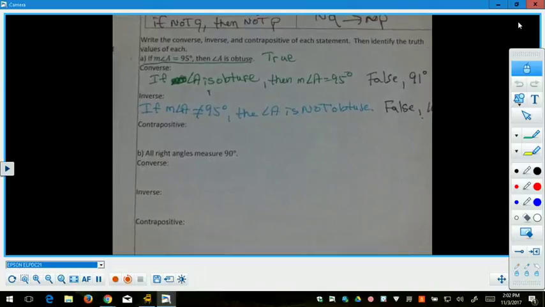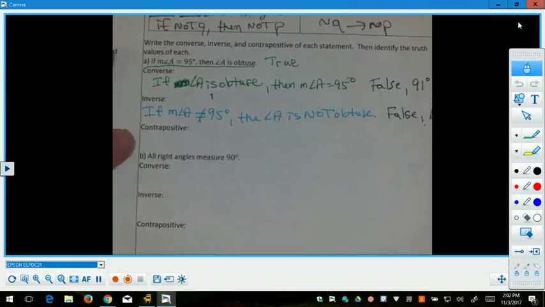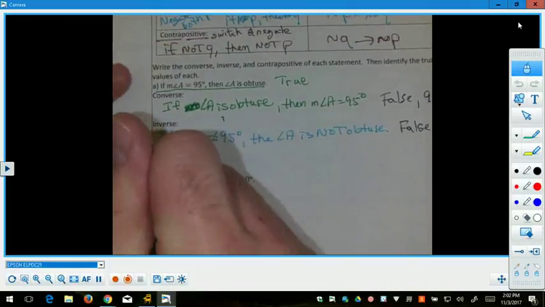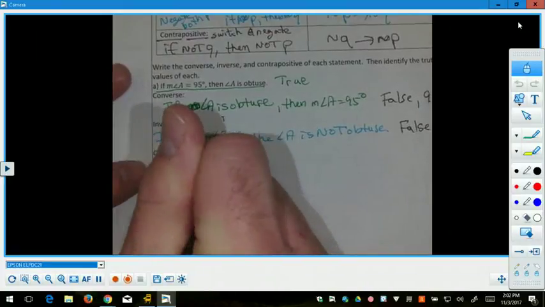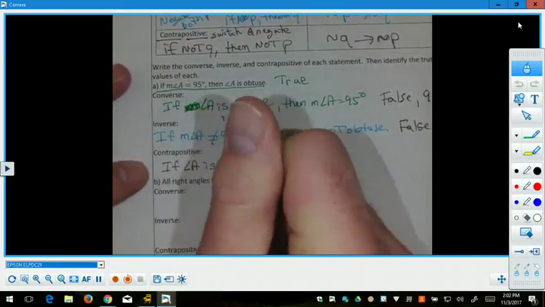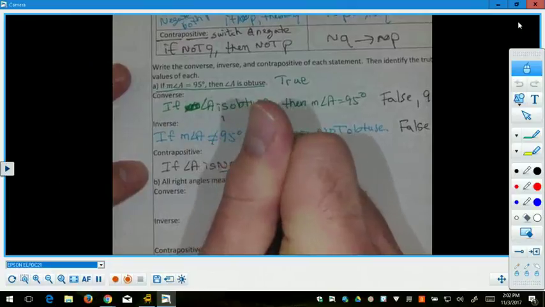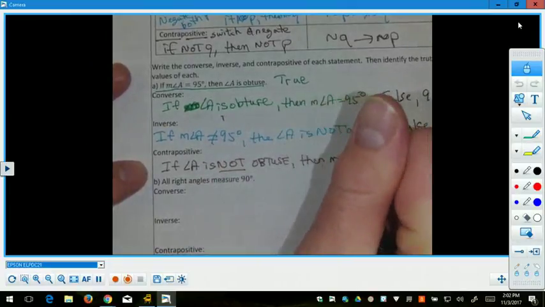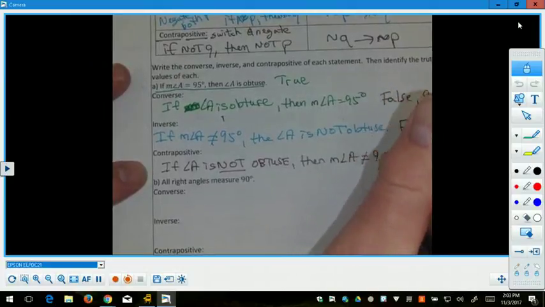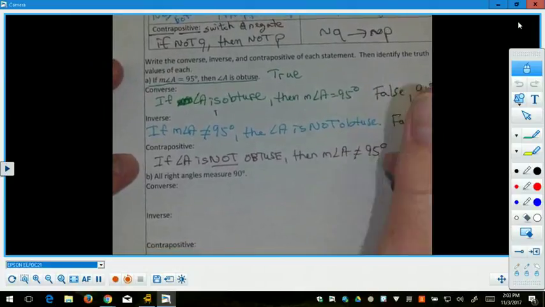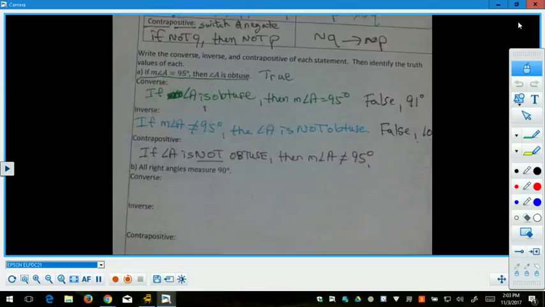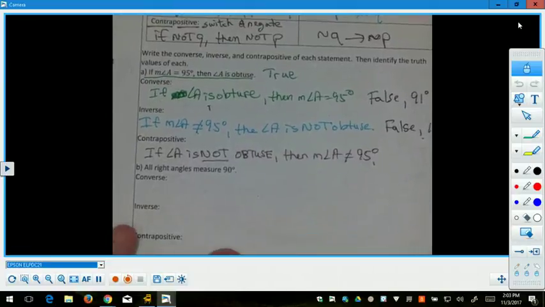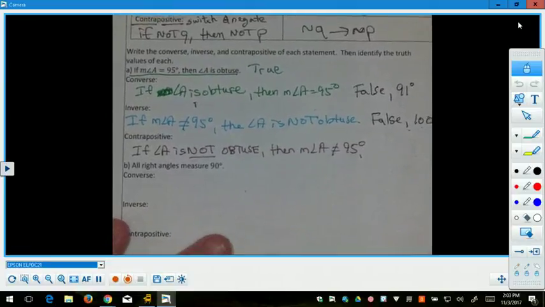And our contrapositive is where we have to switch and negate. So I'd say if angle A is not obtuse, then the measure of angle A does not equal 95 degrees. So I've switched them and negated them for the contrapositive. So let me think about that.